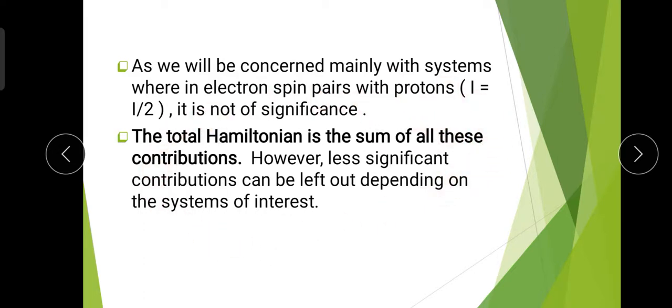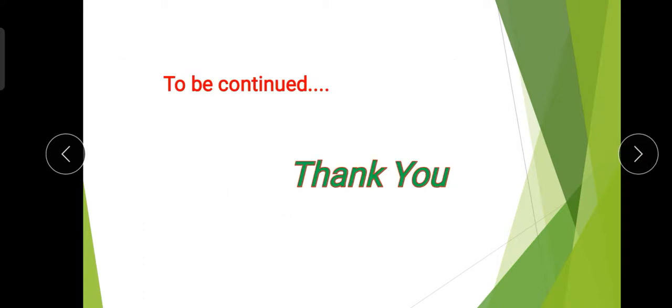But in this video we have covered the maximum interaction energies which contribute to the total Hamiltonian of the ESR spectra. So this is all about the total Hamiltonian for electron spin resonance spectroscopy.